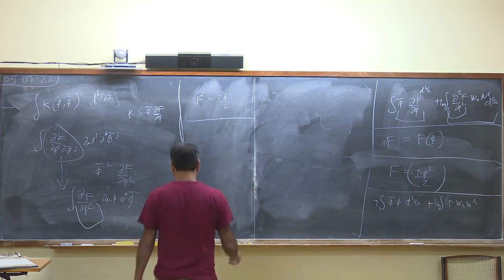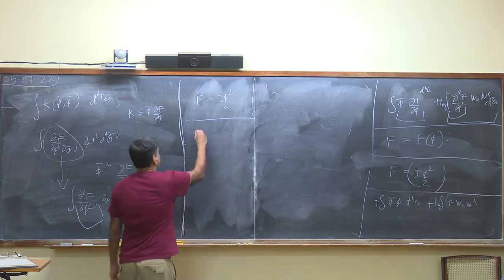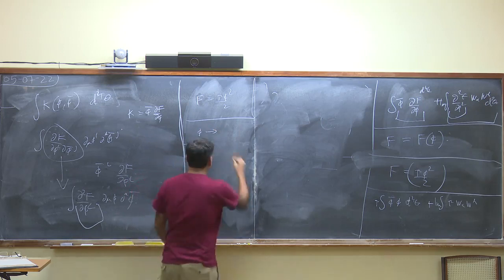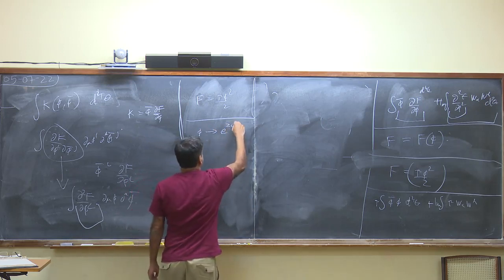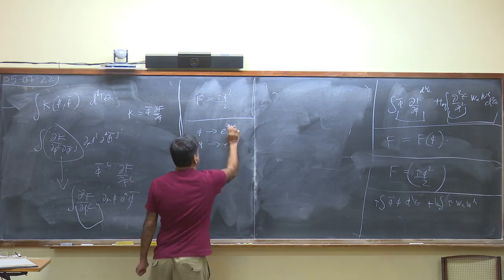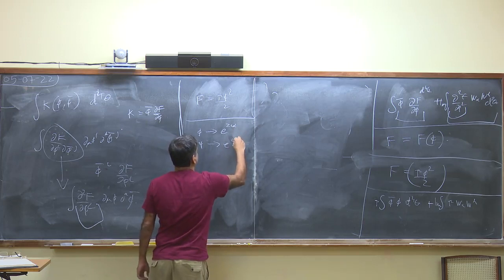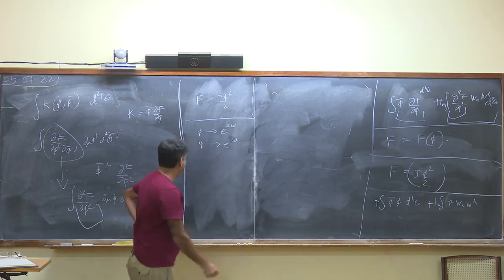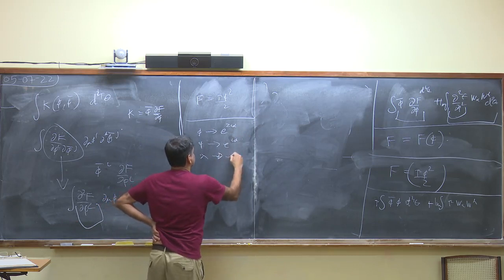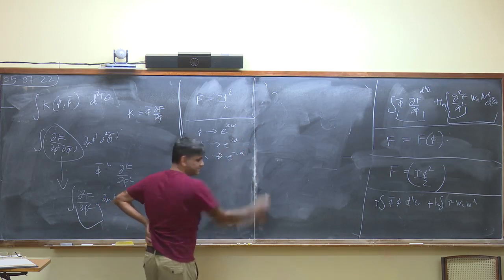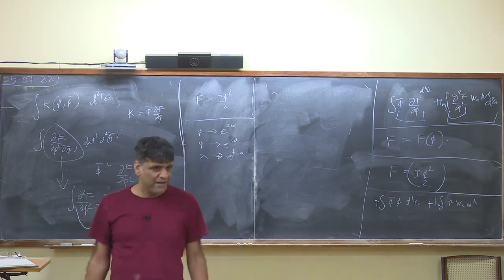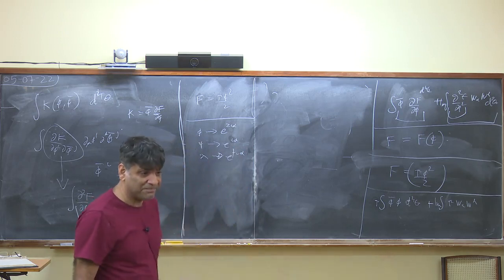So if we perform the following variable change, phi, this is not the superfield, the scalar component, goes to e to the power 2i alpha. Psi goes to e to the power i alpha, and lambda goes to e to the power plus i alpha. We perform this U1 transformation.